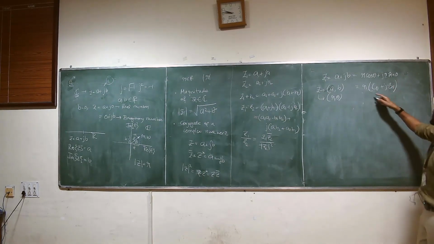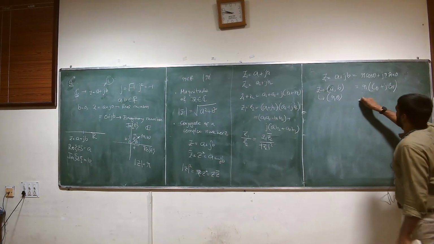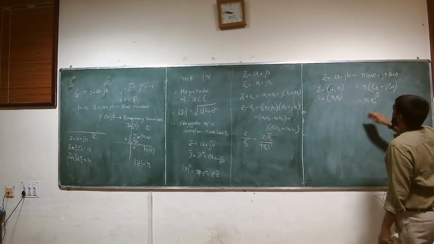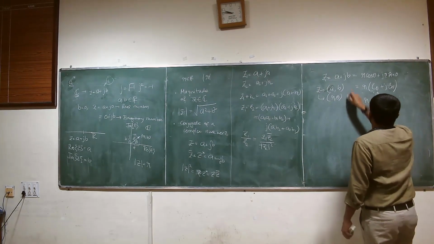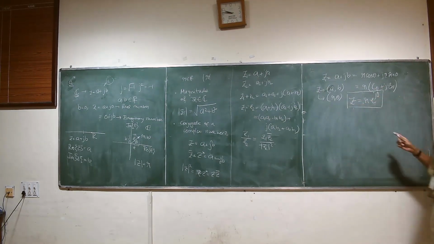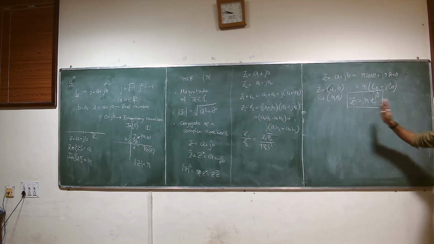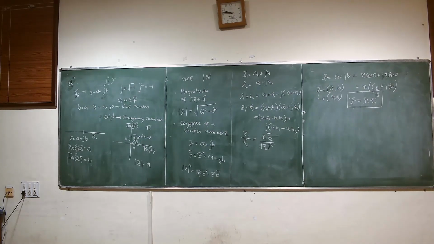It turns out that this simplifies to r e^(j theta), and that is in fact a very popular way of writing complex numbers. This is most of what you need to know about complex numbers for now.